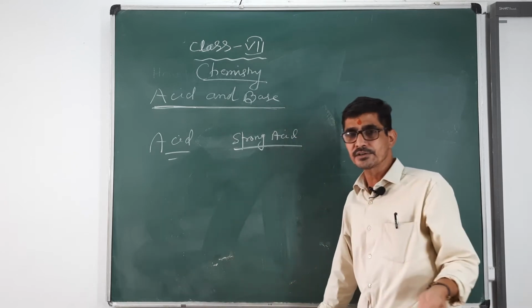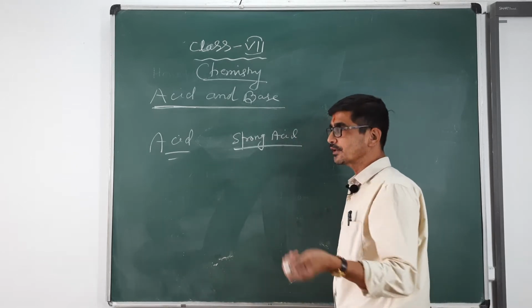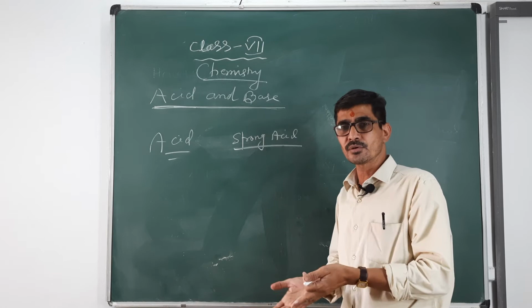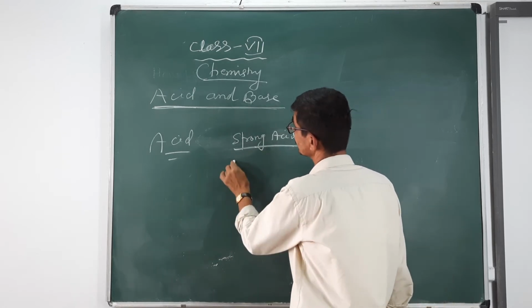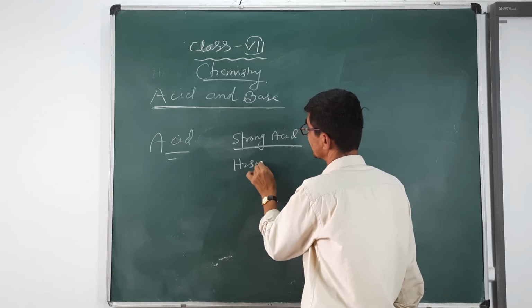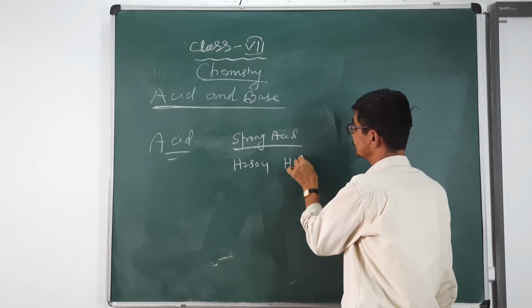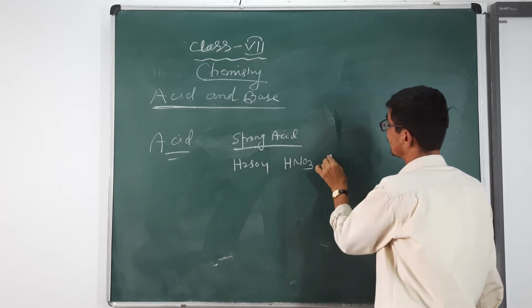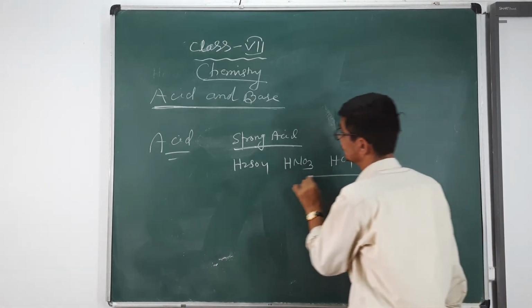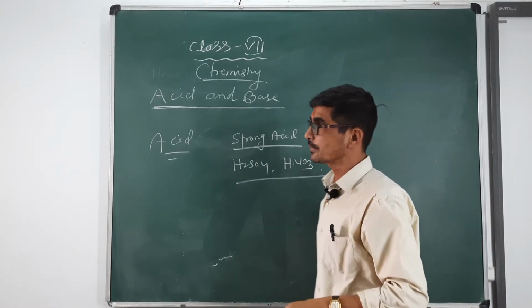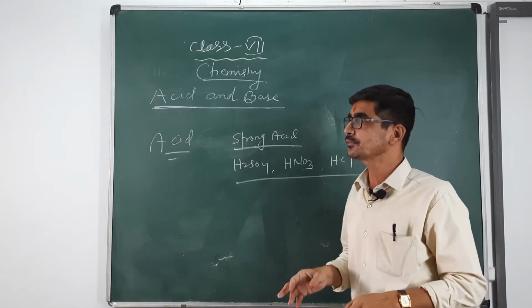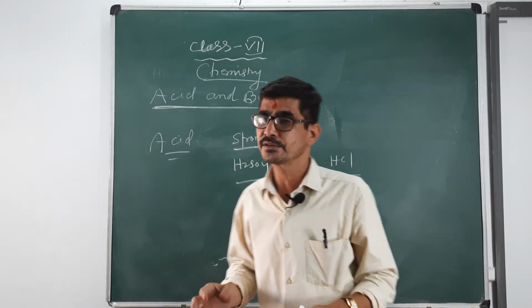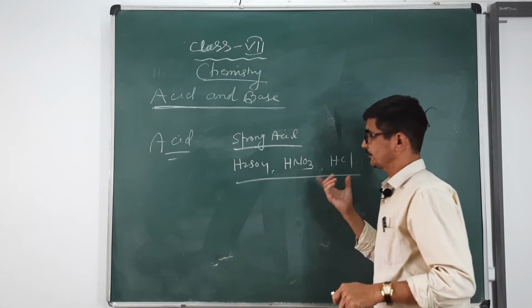I repeat, strong acids are those which are completely dissociated in aqueous solution and give a large number of hydrogen ions. Binary acids are generally strong acids, but ternary acids may be strong as well as weak. Sulfuric acid, nitric acid and hydrochloric acid are strong acids because when put into aqueous solution, they give a large number of hydrogen ions.